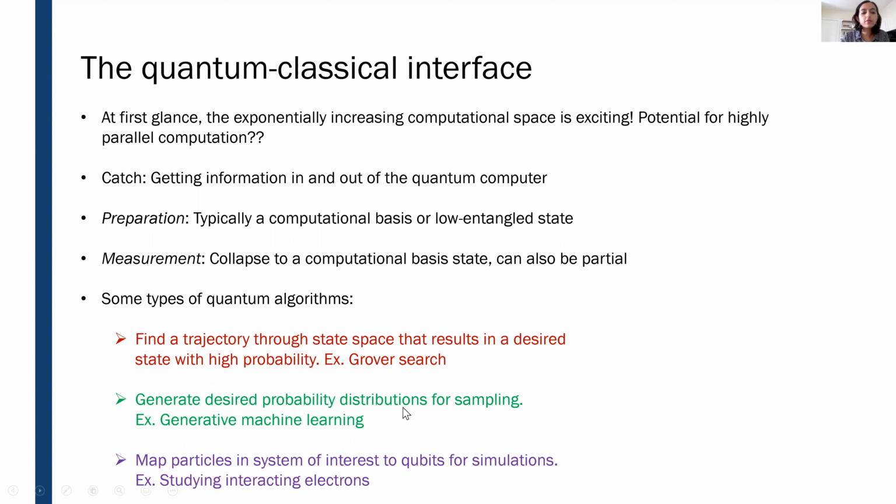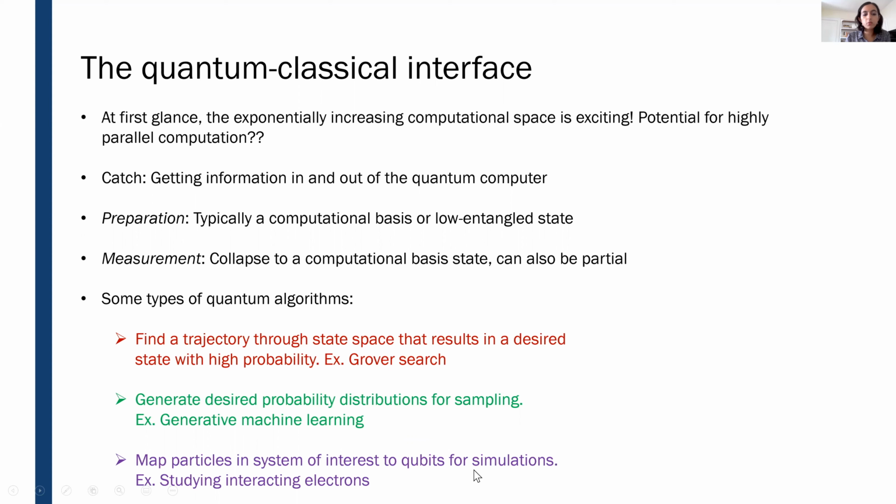And then a second kind of algorithm is where you are trying to generate a desired probability distribution for sampling. So like I mentioned before, a wave function can just be interpreted as a probability distribution over computational basis states. And so generating desired probability distributions has a lot of different applications, for example, in machine learning.